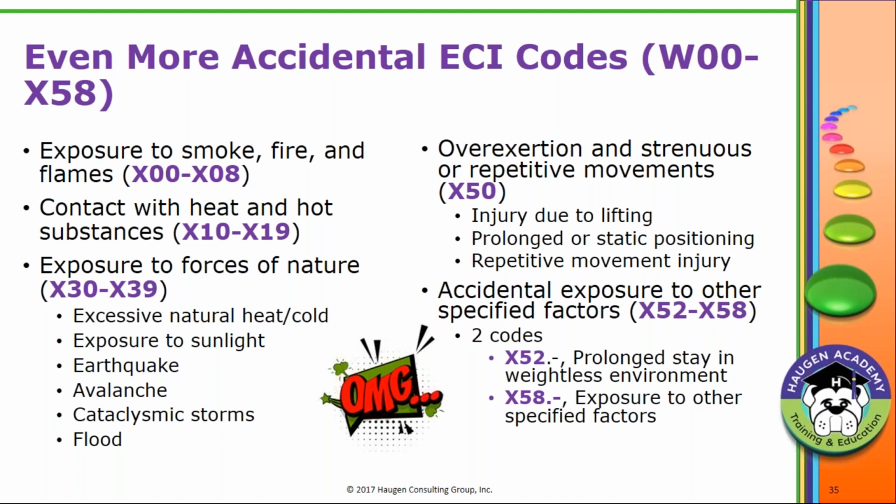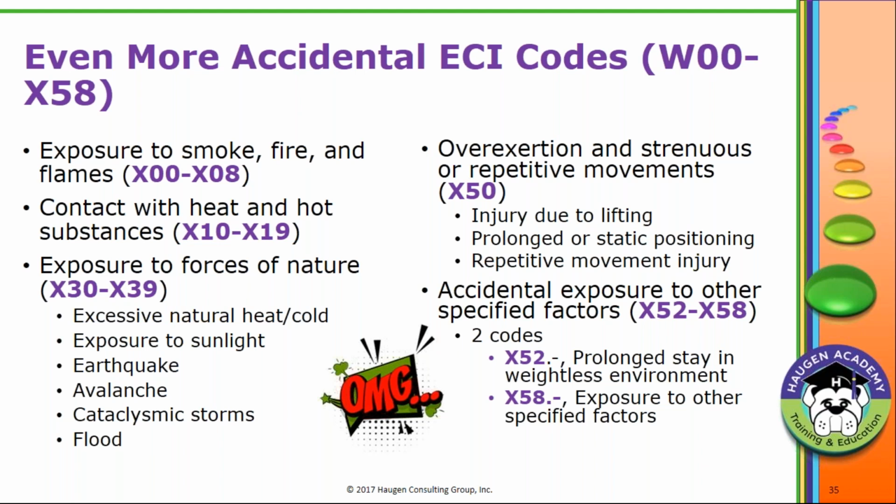X50 is one of our favorites, I think. I don't know about you, but this was one I was coding all the time as an ER coder. The patient twisted their ankle. So the X50 includes all of your overexertion and strenuous or repetitive movements. And then you've got your X52 to X58 codes, which are accidental exposure to other specified factors. All kinds of stuff for accidents.